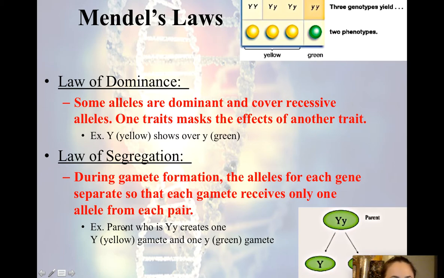So for example, a parent who is heterozygous, so a capital Y and lowercase y, creates one gamete with a dominant allele for yellow and one gamete with a recessive y allele for green. And that's what this picture shows. So the parent who's heterozygous produces gametes that have both the dominant allele and the recessive allele.